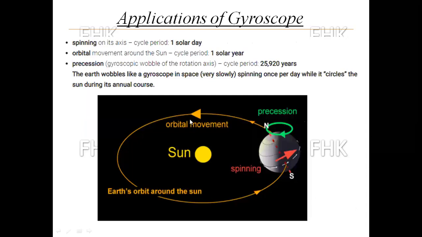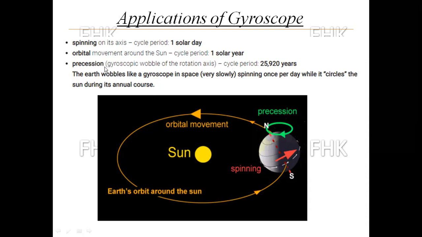The last application of the gyroscope is our Earth. The Earth is spinning on its axis and the cycle period is one solar day. When the Earth is rotating about its own axis, this axis is called a spinning axis. The orbital movement around the sun is called a rotating axis, and the cycle period is one solar year.